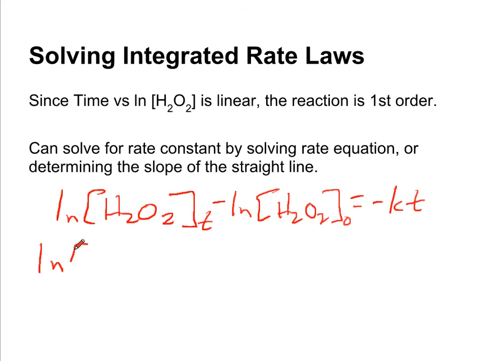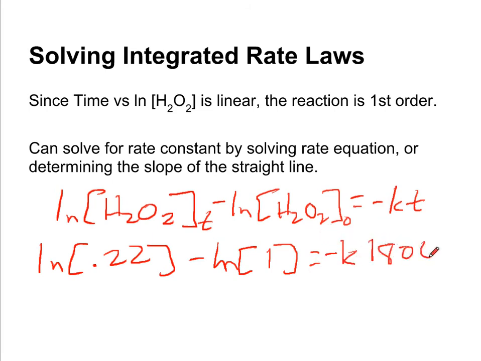So ln of 0.22 minus ln of 1 is going to equal negative k times 1800, because that's how many seconds had gone by.